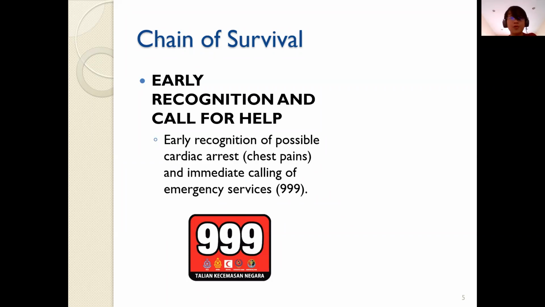It also applies to a trauma case, like a motor vehicle accident, where you want to tell them how many casualties and what kind of situation you're dealing with, so they can send the appropriate manpower and equipment.